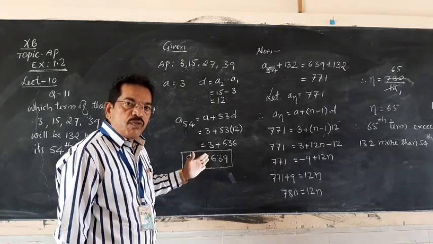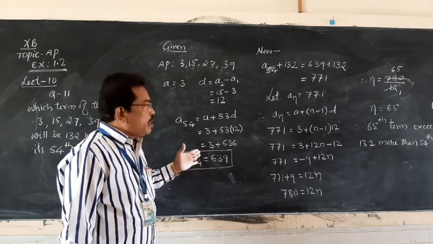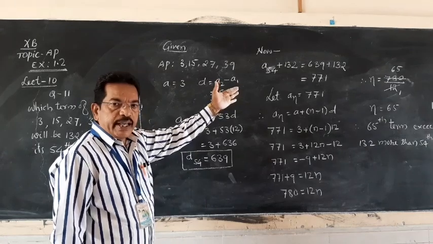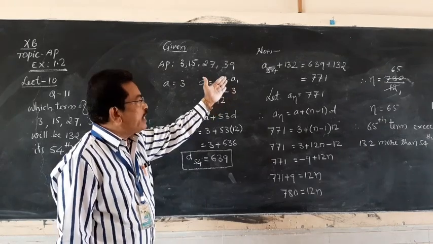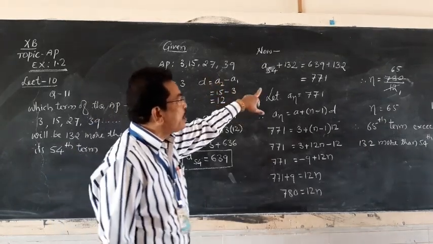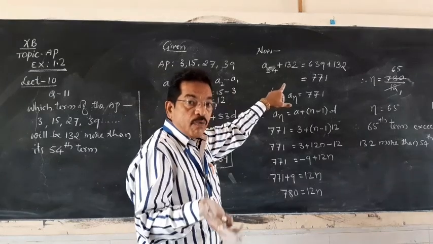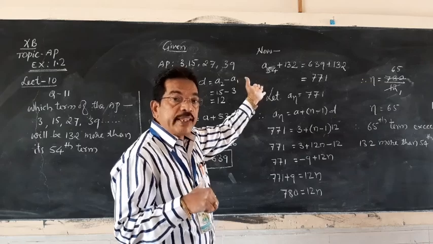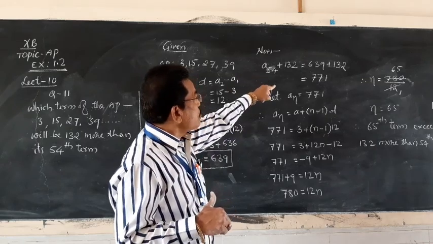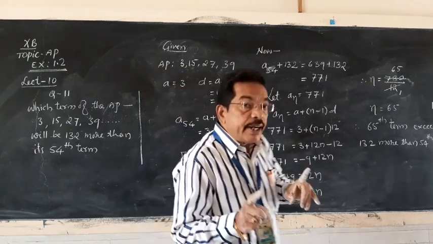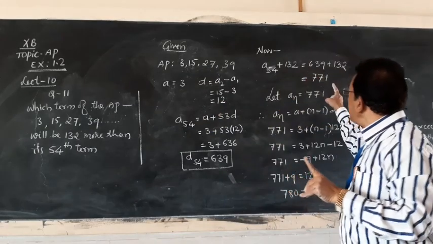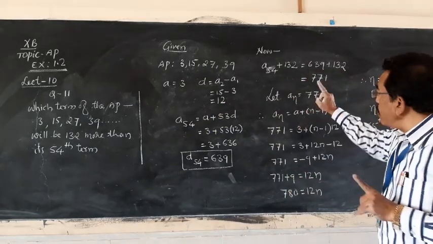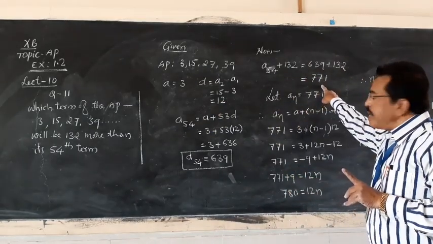We must find 639, because another statement is there that we need to find, that is A54 plus 132. The term we are going to calculate is 132 more than that one. So A54 plus 132 is 639 plus 132. That total is 771.